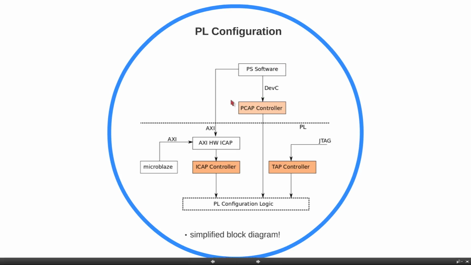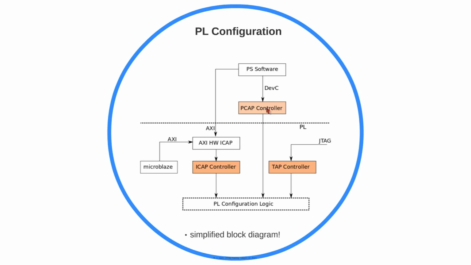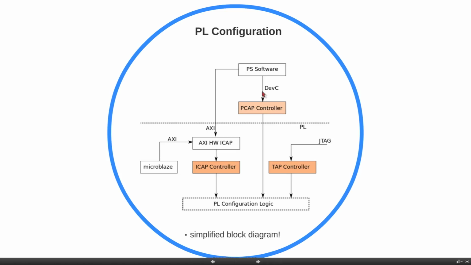So you have your PS configuration access port controller, and this device, which is a part of the device configuration subsystem, can be accessed by your ARM host, and the bitstream can be transferred from anywhere to this controller, and then this controller can communicate with the logic which is responsible for configuring the PL to program the PL. So this is the second path through which we can configure the PL.